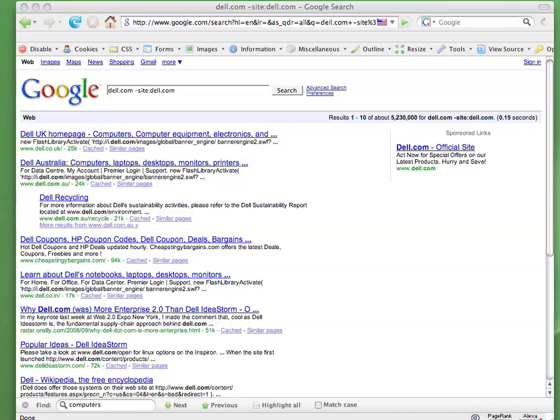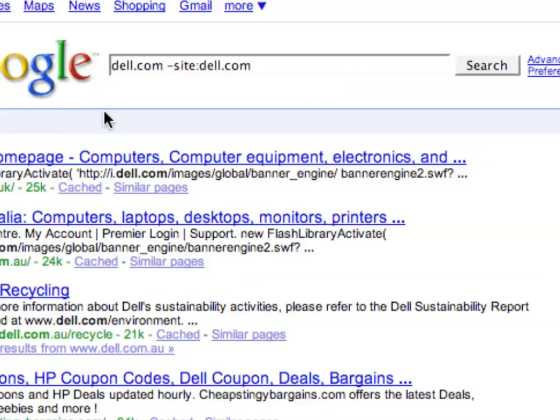So the operand that we're going to be using is dell.com minus site:dell.com, and basically what it says is, let's see where the word dell.com appears out there on the web, minus, show me the results except for the ones in the site dell.com.